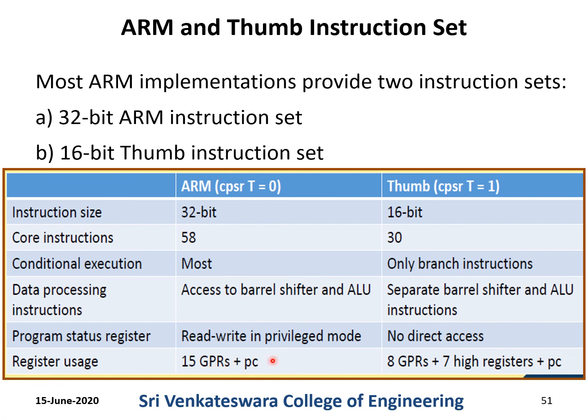Now the next point indicates which registers can be accessed in ARM state and thumb state. ARM state can use 15 general purpose registers and the program counter. In thumb state, the processor can use 8 general purpose registers, 7 high registers and the program counter.